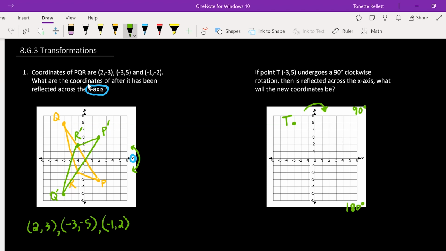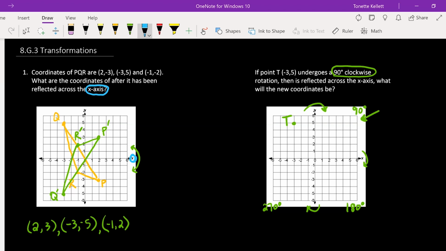That's 1 turn up here and 1 turn at the bottom. 270 would be 3 turns. So this would be a turn and this would be a turn. 90 degrees, 180 degrees, 270. We want 90 degrees clockwise. That means it's going to be up in this box right here.